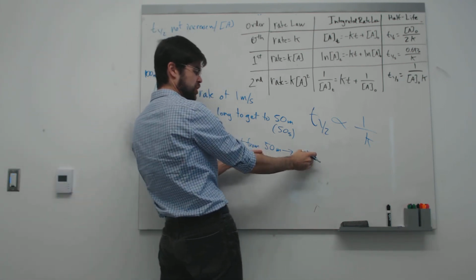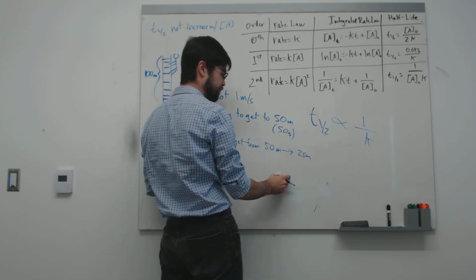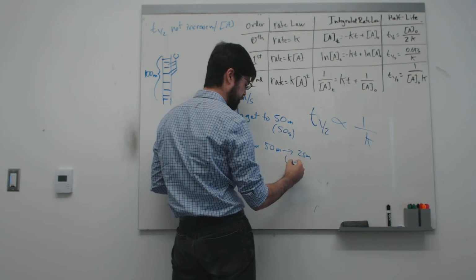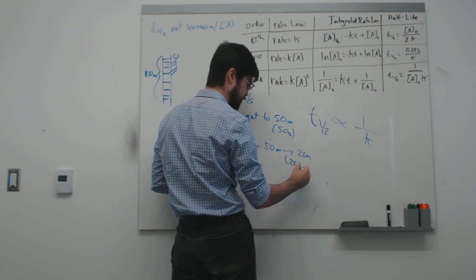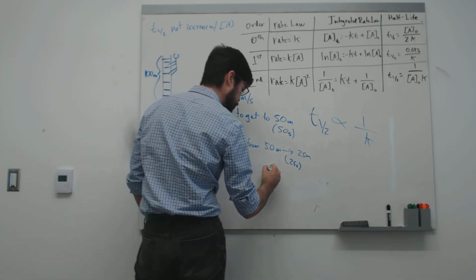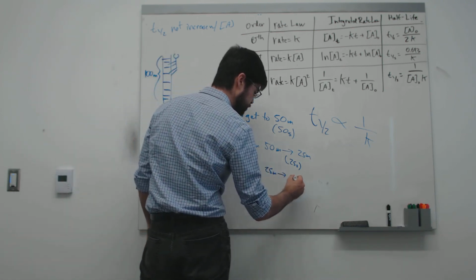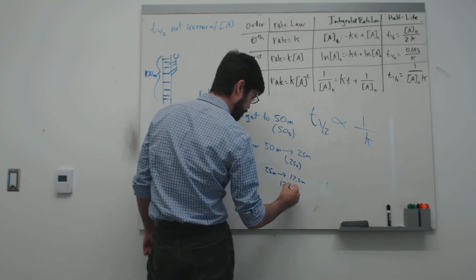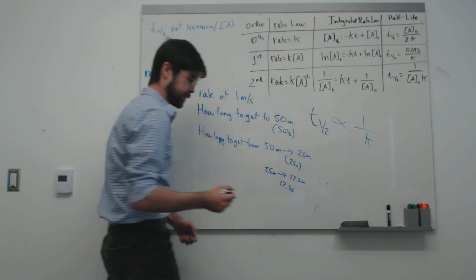Well, I'm changing my height by 25 meters, and I'm going at a rate of 1 meter per second, so that will take 25 seconds. And then how long does it take to get from 25 meters to, say, 12.5 meters? That will take 12.5 seconds.